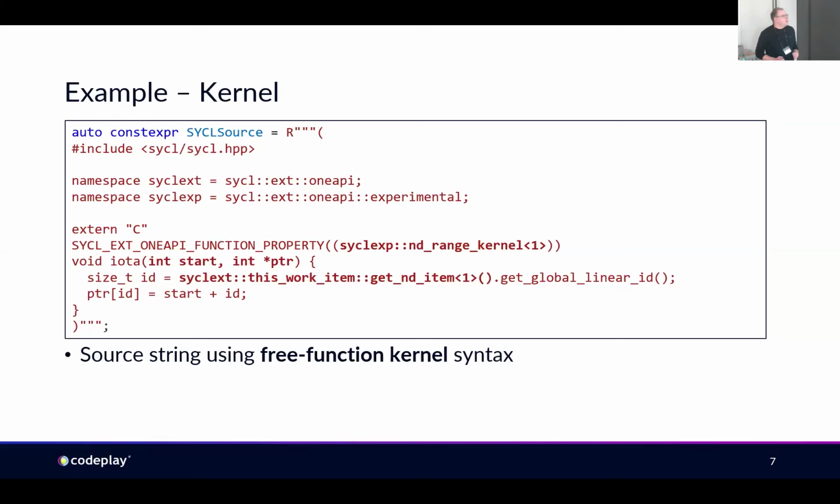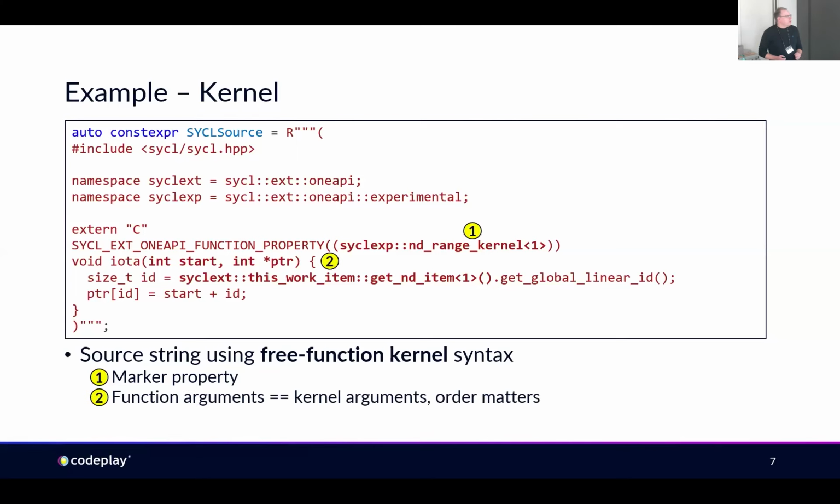As you can see, it's a string literal in this case, and it defines a kernel that uses the free function kernel syntax, which is basically a void function that has this markup property. In the range kernel, there's also a property for single task kernels. Next thing to note is that the function arguments here are also the kernel arguments of the kernel we are going to define, in the order that we declare them here.